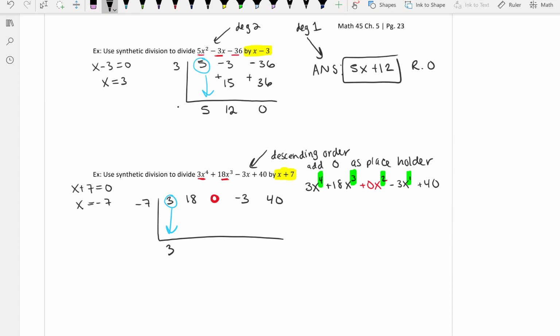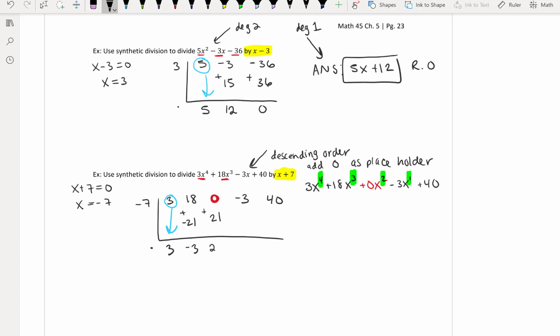So it's a 3. And remember, the numbers on the outside get multiplied. So negative 7 times 3 is a negative 21. So negative 21 plus 18 is a negative 3. Negative 3 times negative 7 is a positive 21.